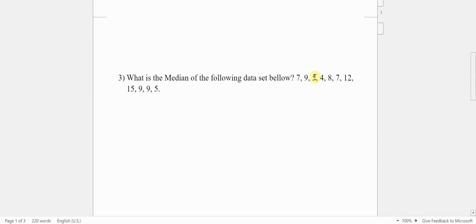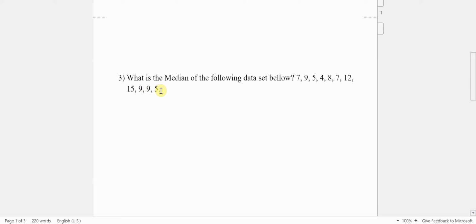What is the median of the following data set below? 7, 9, 5, 4, 8, 7, 12, 15, 9, 9, 5. How you calculate the median is putting all numbers in order, finding the middlemost number, and that is your median.